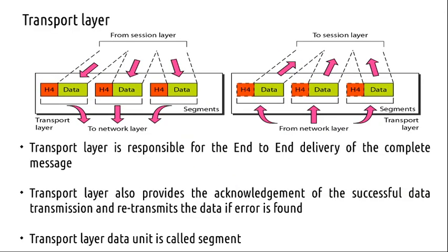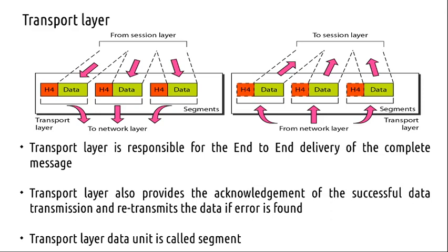So we started with the transport layer, and we were to mention something about the connectionless and connection oriented approaches. The transport layer is concerned with end-to-end delivery of the entire message. It is a layer just above the network layer.